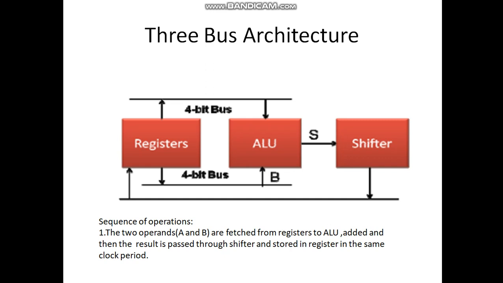The reason is that you have 3 buses. So for a single clock pulse, the operands A and B are fetched, added, the result is shifted and it is stored in the register.